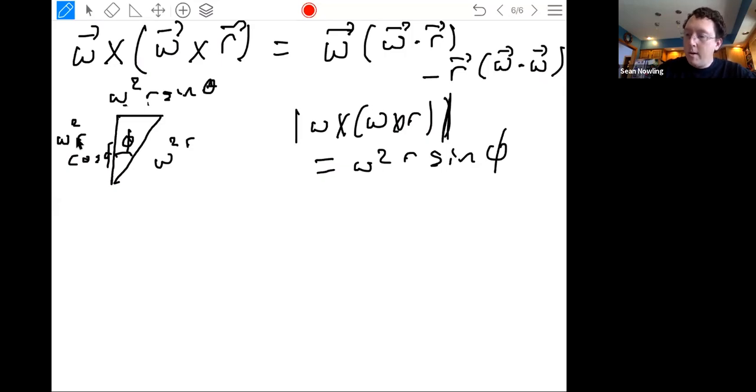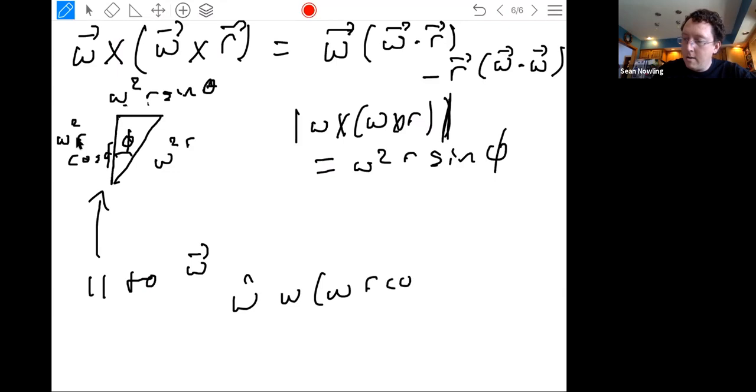So the part along the axis of rotation, so this side would be parallel to omega vector because it's along the axis of rotation. And I see, okay, well, it's parallel to omega and it has an omega, so I can write this part of the vector as omega hat, the direction of omega, times omega r cos phi.